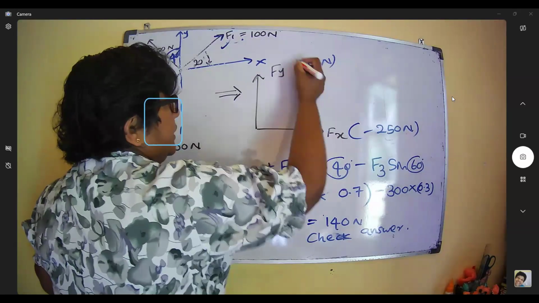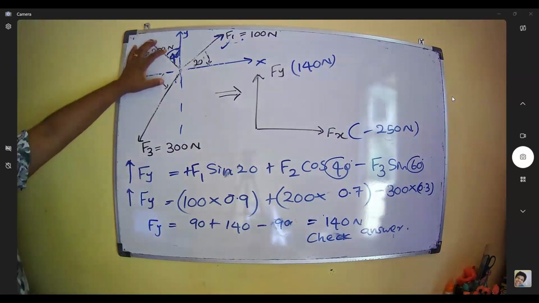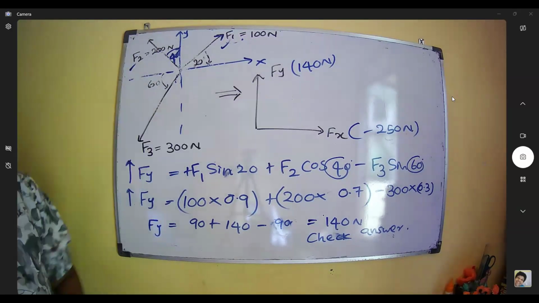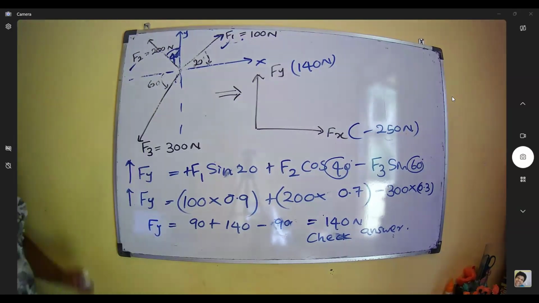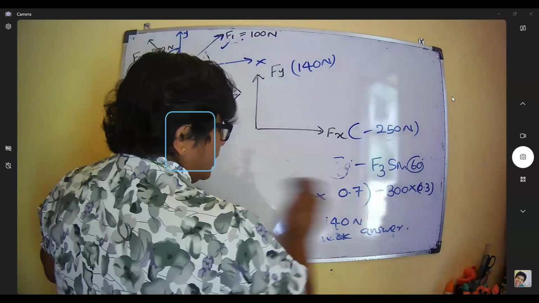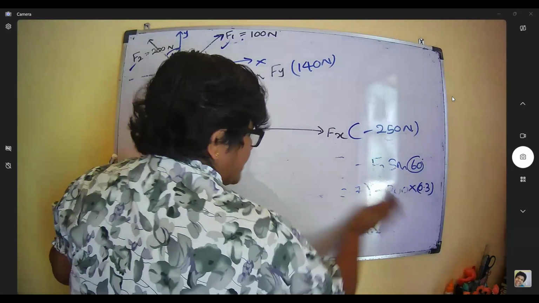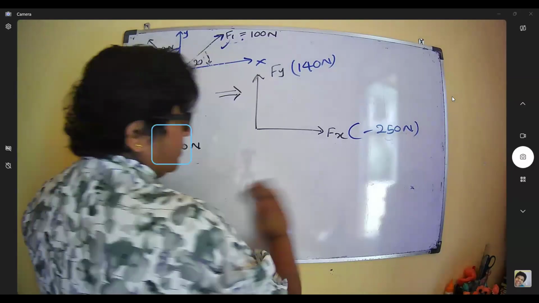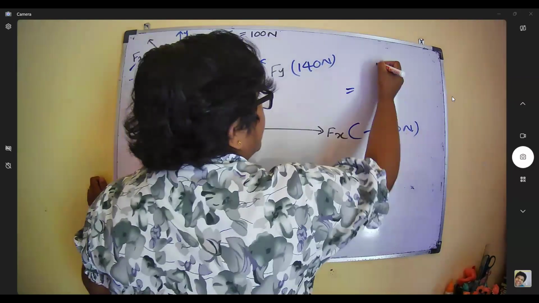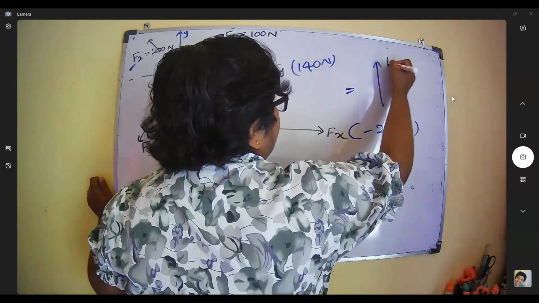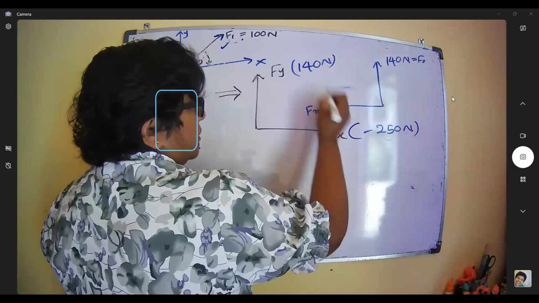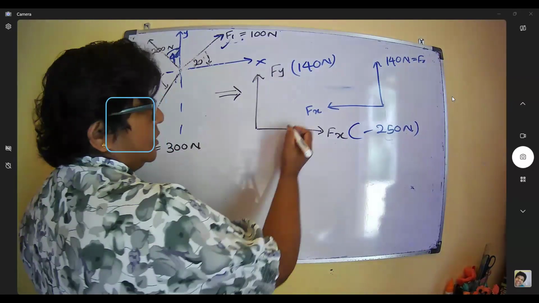Now we converted our forces into two perpendicular components. Now we can find the resultant vector, right? Now we know components Fx and Fy, but the direction is opposite here. We can write Fy 140 Newton and Fx, direction is opposite, 250 Newton.